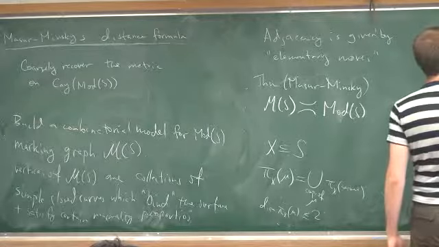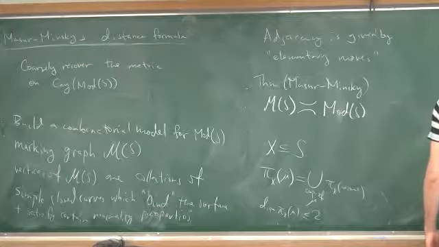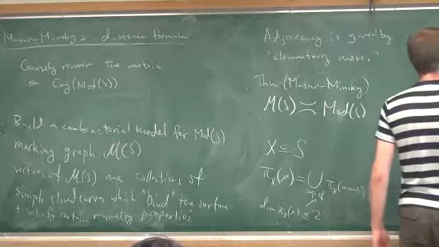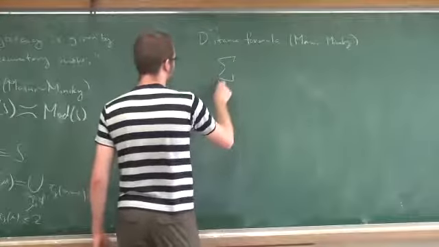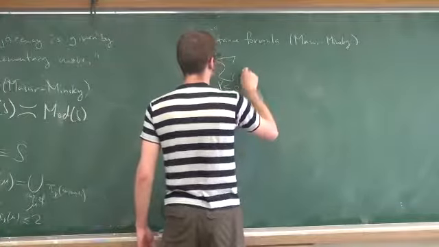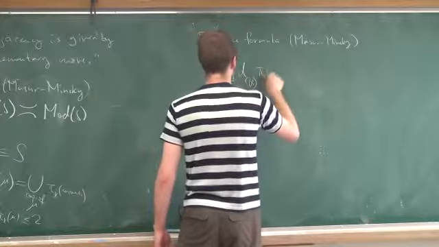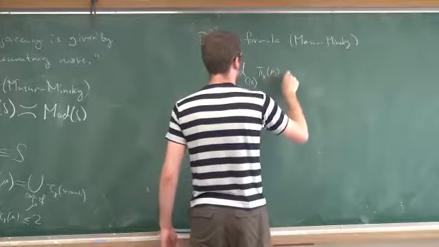So the distance formula says that if you consider the sum of the distances in the curve graph of S between the projection onto X of 2 different markings.